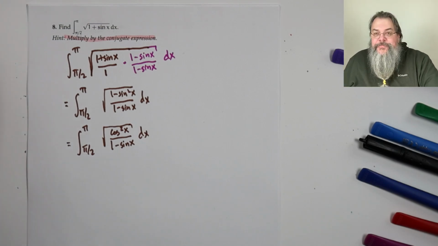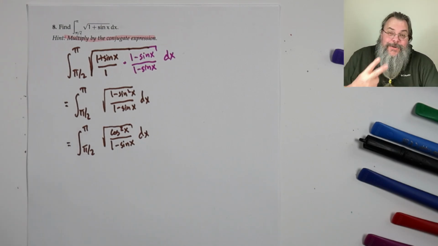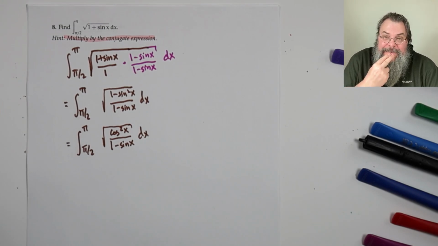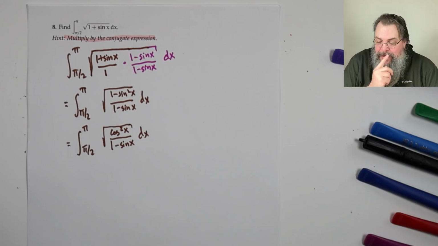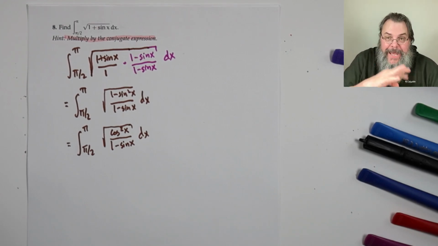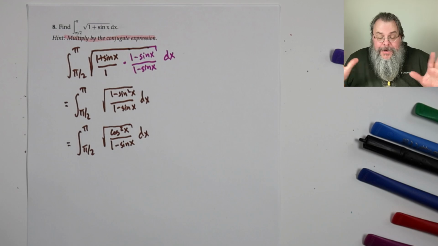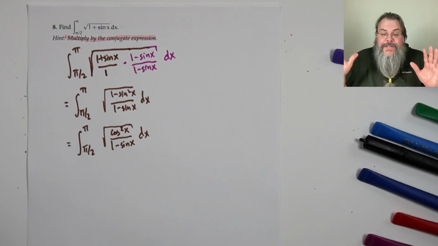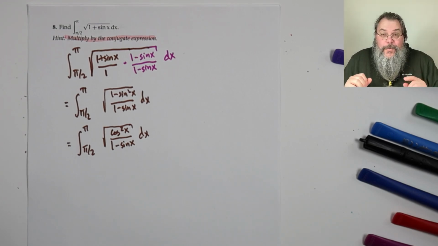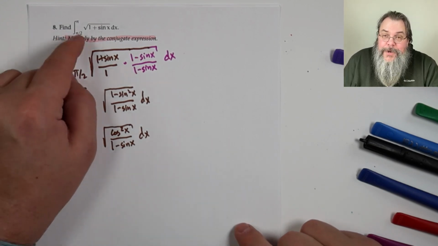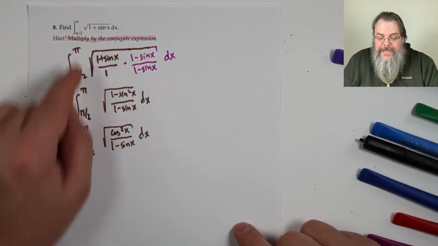Now, there's some interesting things going on here that I don't think they intended on this problem, so I'm going to have some commentary. I did not write this problem. I didn't write this test, but do you notice that we started with a perfectly fine integral?